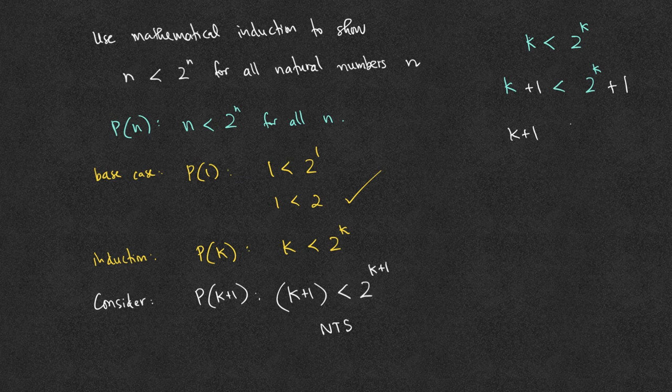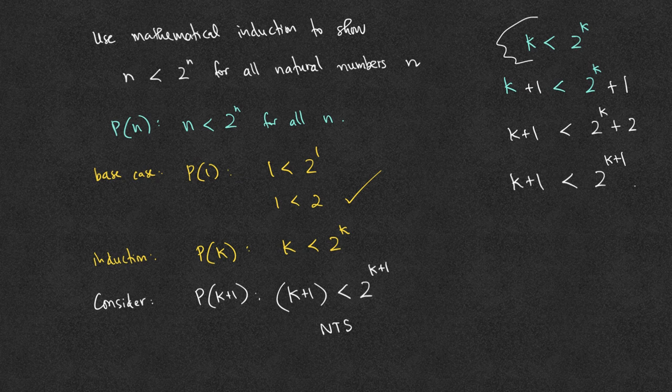k plus 1 is less than 2 to the k plus 2 because if we add 2 to the right hand side, then the right hand side is still more than the left hand side, where we increase the right hand side by 1. Again, the inequality still holds. But this is k plus 1 less than 2 to the k plus 1.